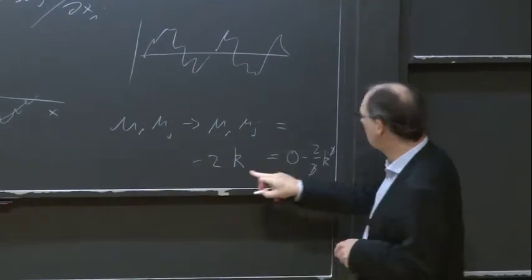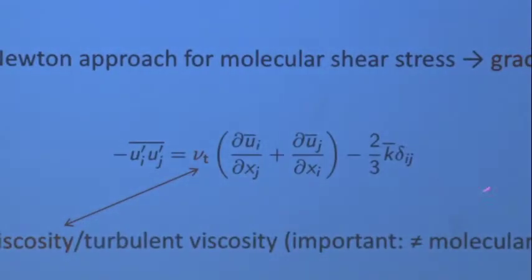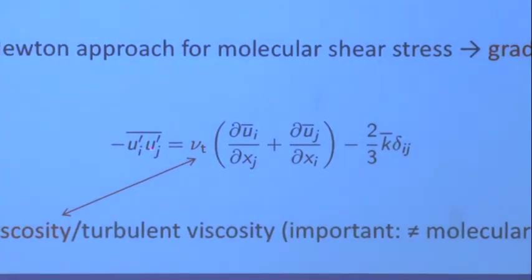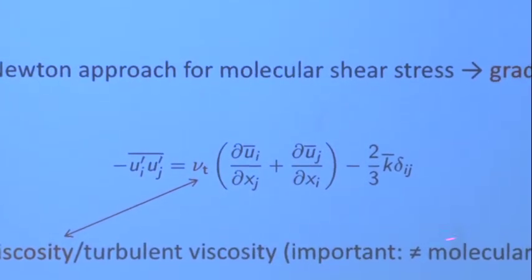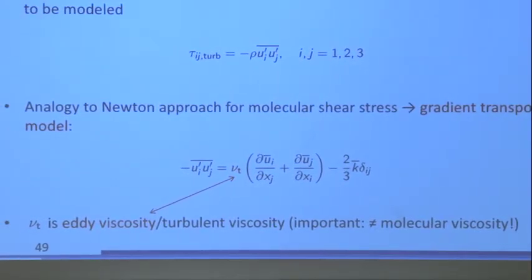The 3 goes away, so minus 2k, okay? So this second term here is just to make sure that when I contract this tensor, I don't get a wrong result. Okay, so this is what's called the eddy viscosity model. And again, that's the model that's used almost always.